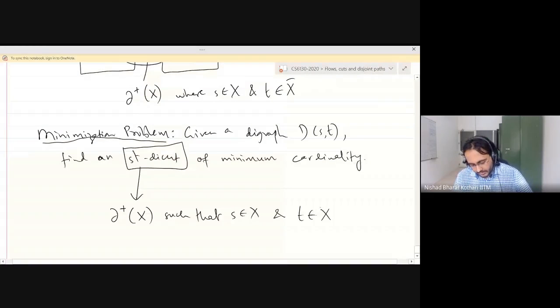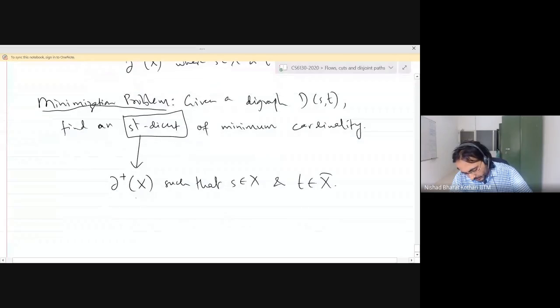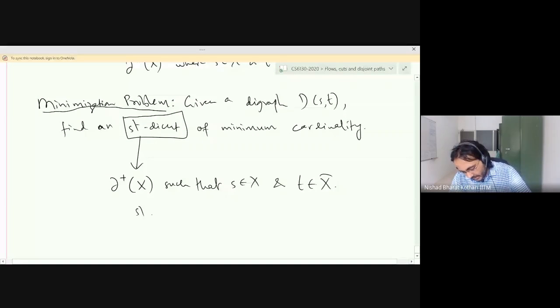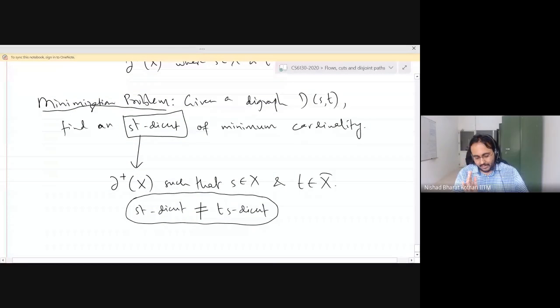Notice that based on our previous discussion, an ST dicut is not the same as a TS dicut. In a digraph, the order matters. When I say ST dicut, I really mean S is on the left side, T is on the right side, and you're looking at arcs going from the left to the right side.